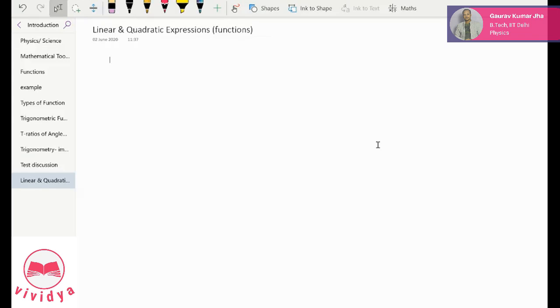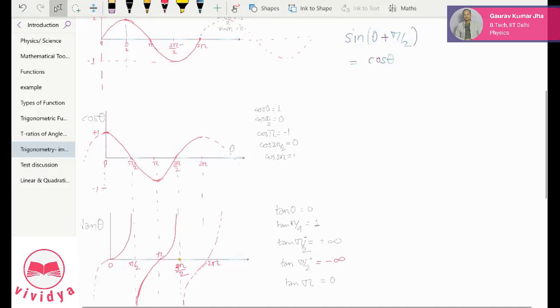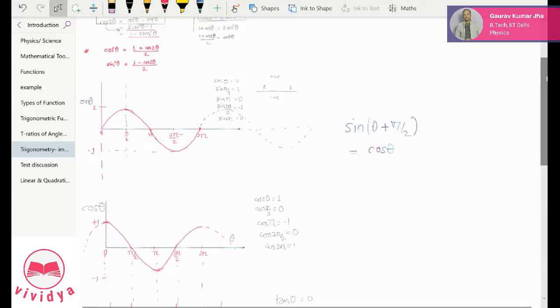As I have already told you, after the trigonometric functions, the difference between the sine graph and the cos graph is visible, right? Sine theta and cos theta look similar. Only the cos theta graph is a little pushed compared to sine theta.